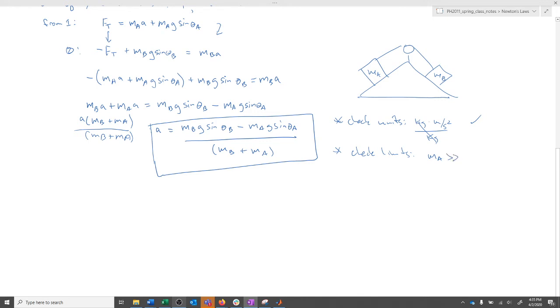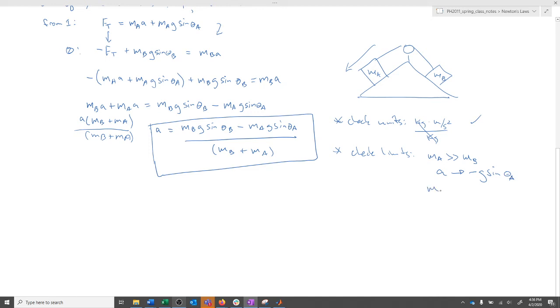Sorry, I might have switched those. I can't remember exactly. But if m_A was very large compared to m_B, for example, then the m_B term would be irrelevant, and a would go to negative g sine theta, i.e. it would go this way. And negative g sine theta is just what we expect from a block on a ramp.